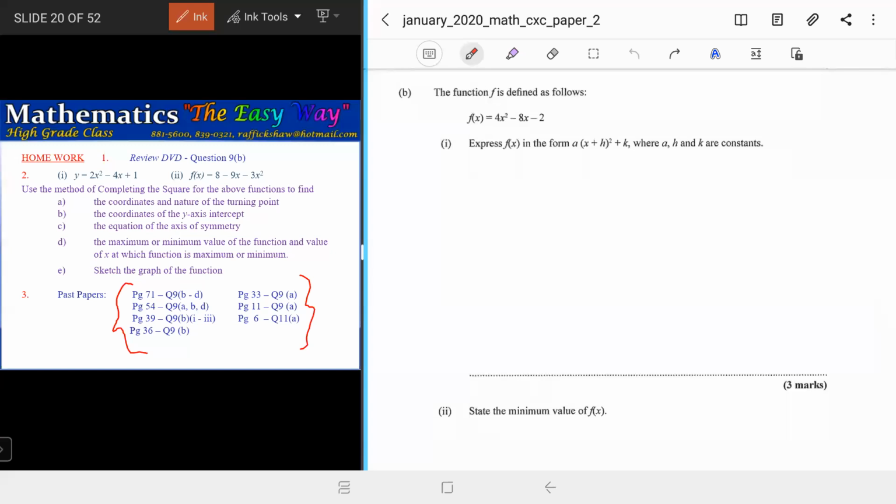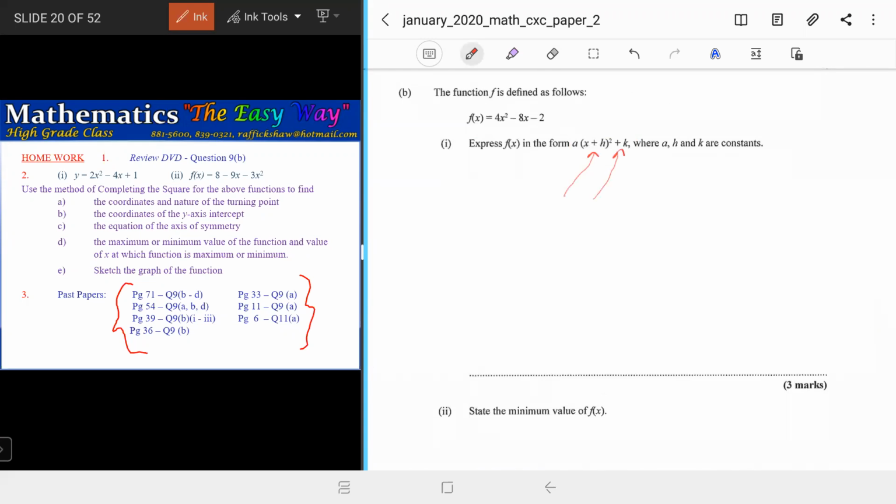Look over on the right at the question. They say the function f is defined as this. That's a function f of x. So I want to express f of x in this form. See, I told you, most times they give you the h and the k. Sometimes they don't give you the h and the k, but most times they do. And because most times they give you the h and the k, most teachers teach it with h and k.